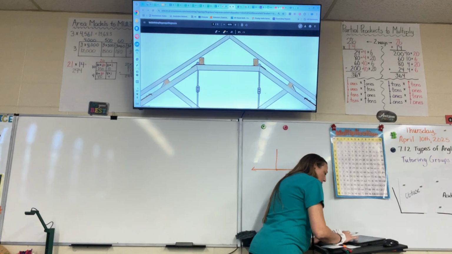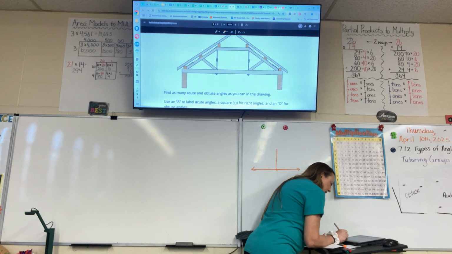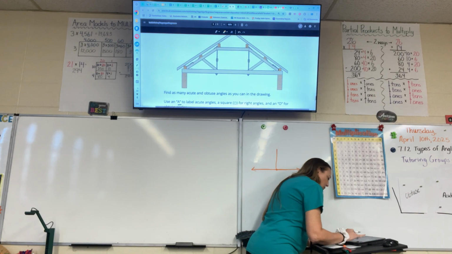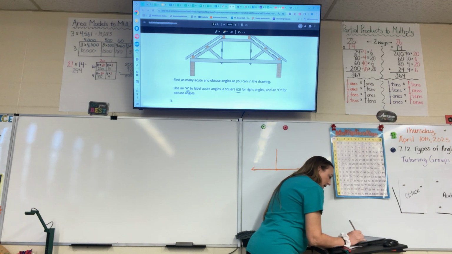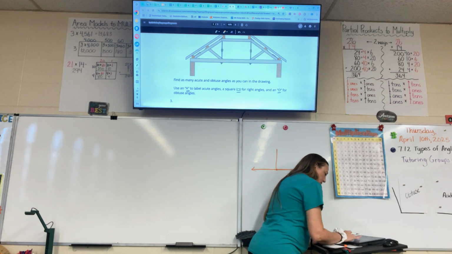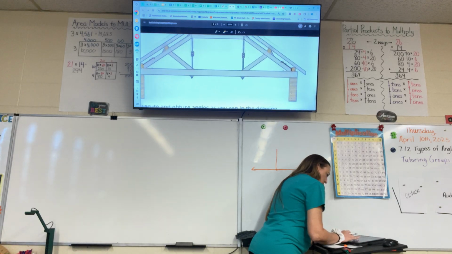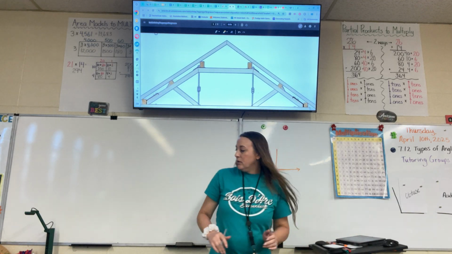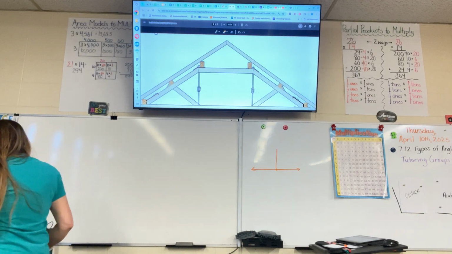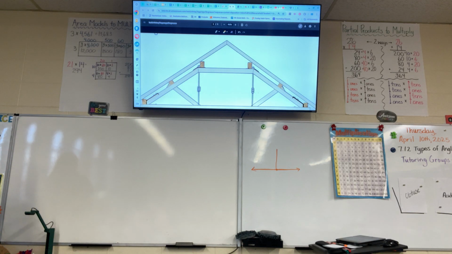So what it wants us to do is write an A for the acute angles, make a square for the right angles, and an O for obtuse. So what I'm going to do is pull sticks and point to an angle and have you tell me whether it is obtuse, acute, or right.